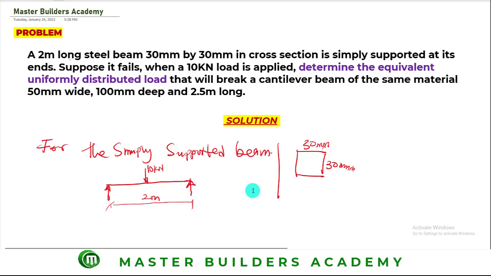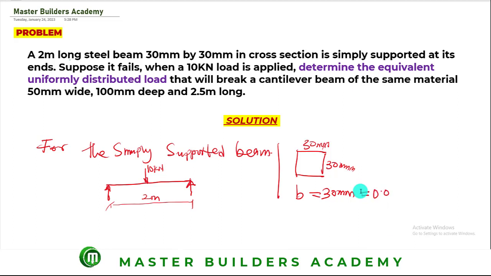It means that the width is equal to 30 mm. One of the things you must do is that we can either convert to meters or solve in millimeters, but let's go ahead and convert to meters. To convert millimeter to meter, you divide by 1000. This will give us 0.03 meters.